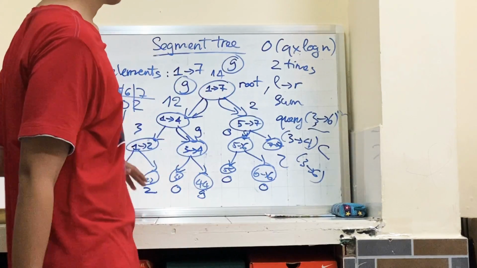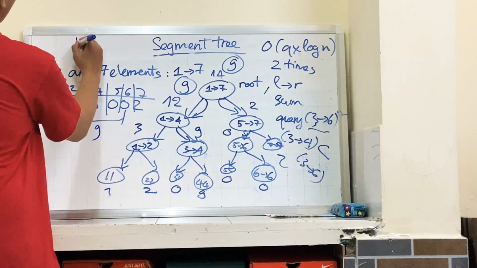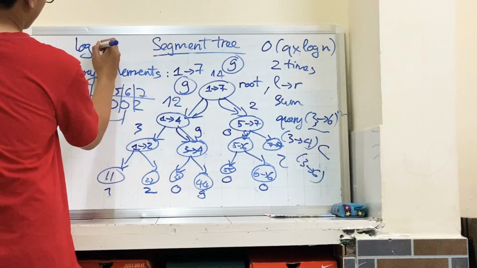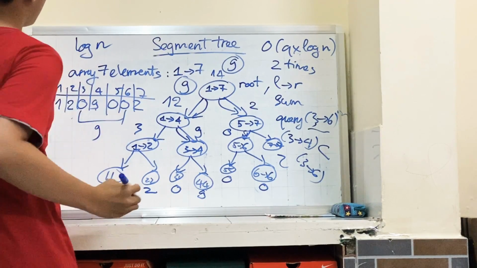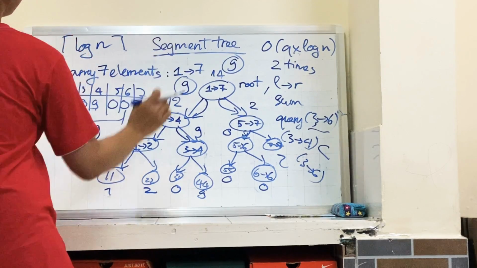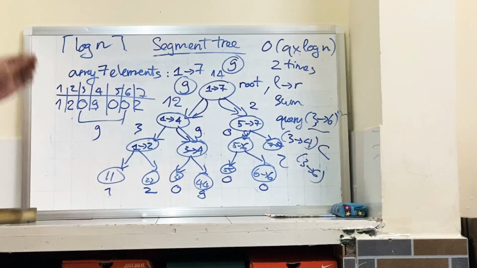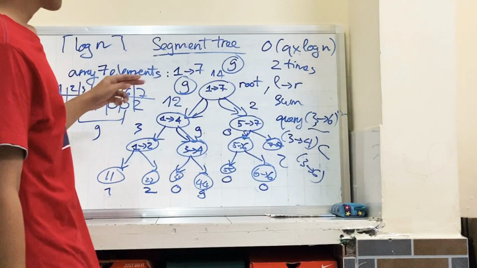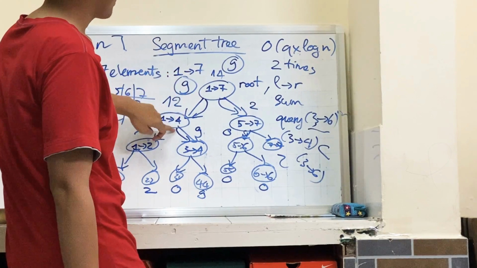So the height of the tree will be log of n, because we only traverse one branch of the tree.